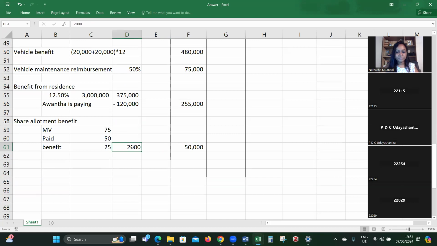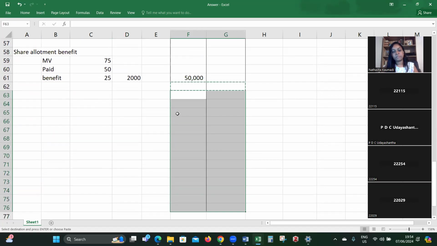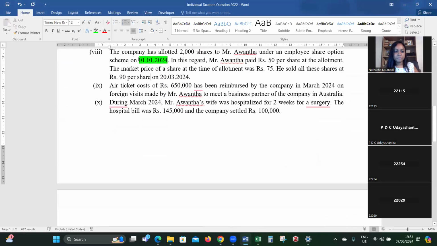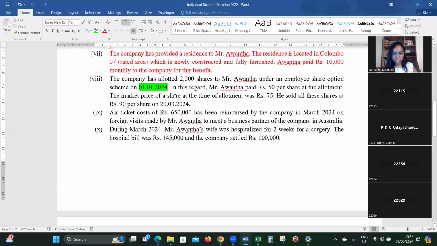This is how we calculate that. All right. I'll keep this number 8 point highlighted like this, so you can make the changes.